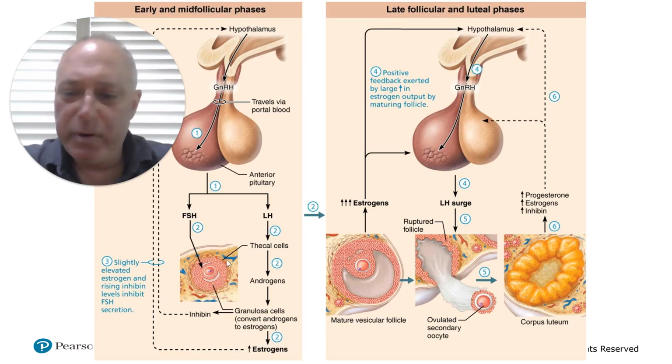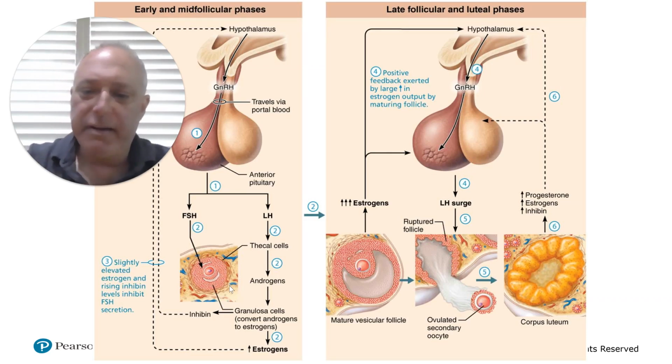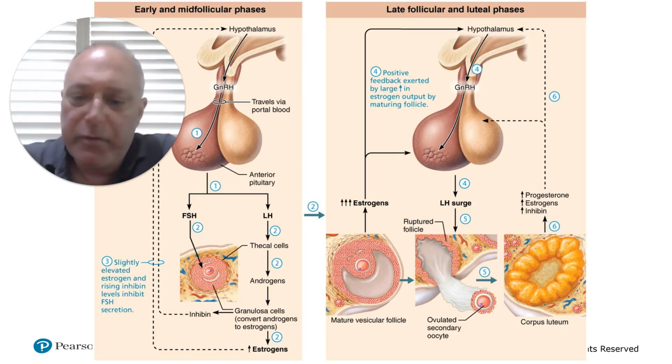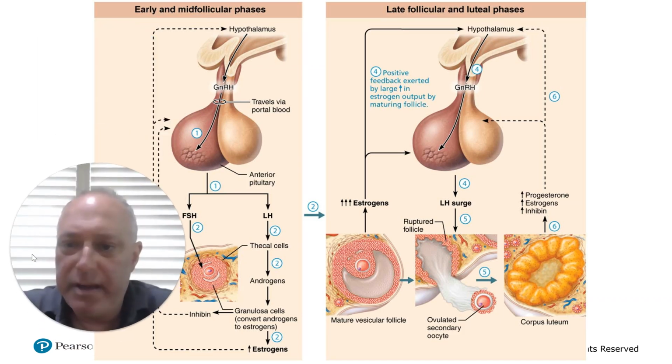FSH is then going to act on this follicle and activate androgen production from granulosa cells. There's also inhibin that is produced, which will feed back on the anterior pituitary and the hypothalamus to shut off the signaling. This is why it's a negative feedback mechanism.